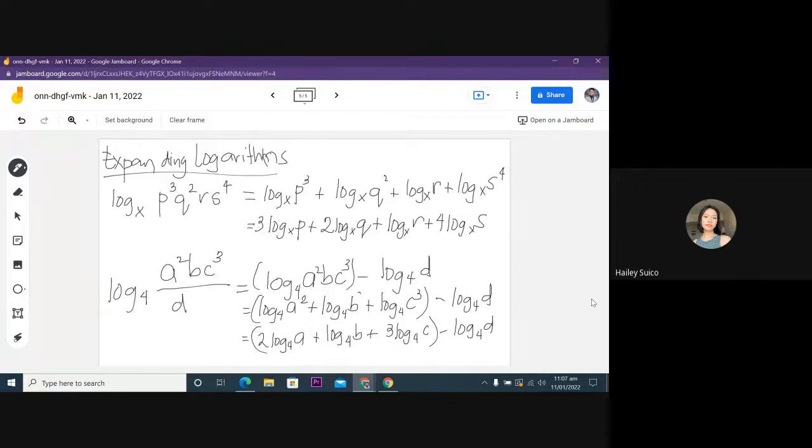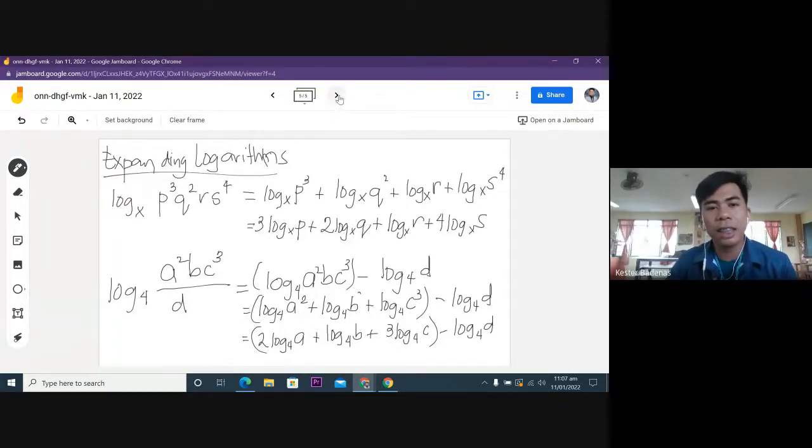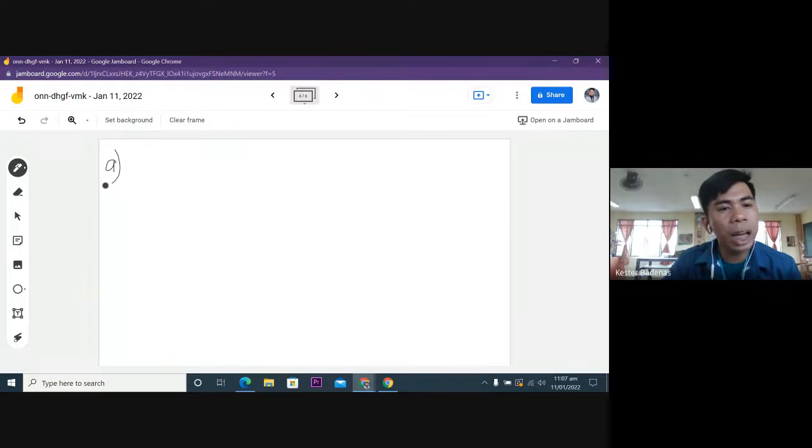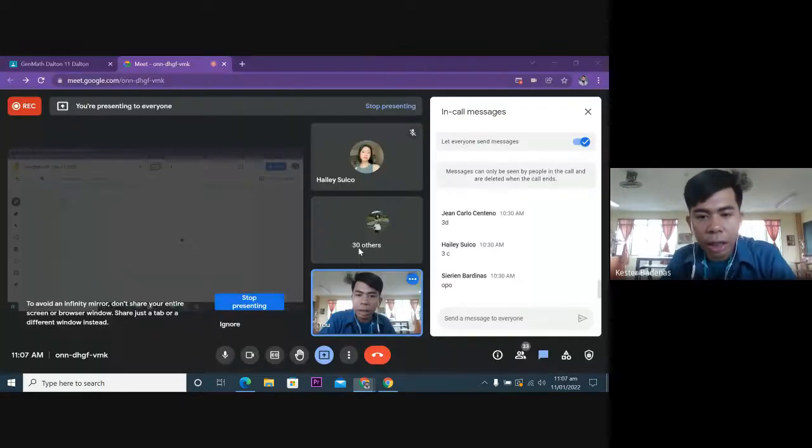Okay. Sige. Kung wala, let's try. I'll be giving you 2 items. Ayan. Sige. And then, all you have to do is to expand the logarithm given. Okay? So, sige. Ay, wait lang. May nag-chat. Yes, Abby.